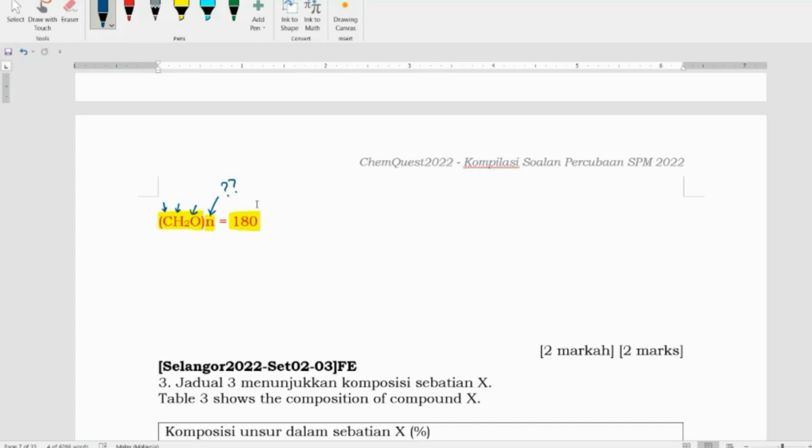Okay, so class, what is the value of n you have calculated? So replace in: C is 12, H is 1, but it has 2. So total up how? O is 16. Okay?